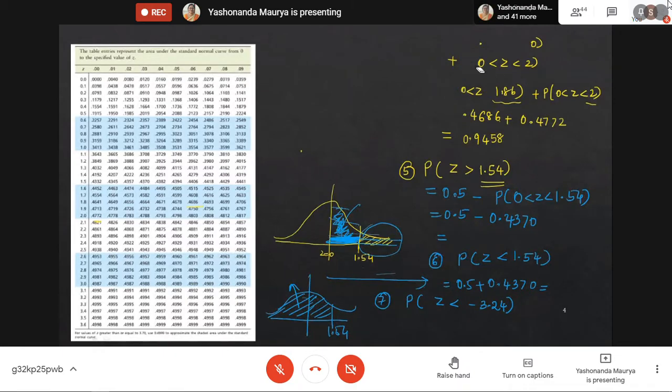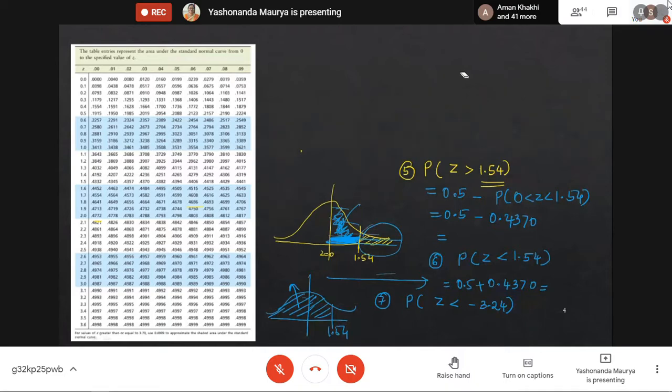So what will this one be? Try this. Draw the figure, draw the curve, mark the point, and try to see what we are getting over there.